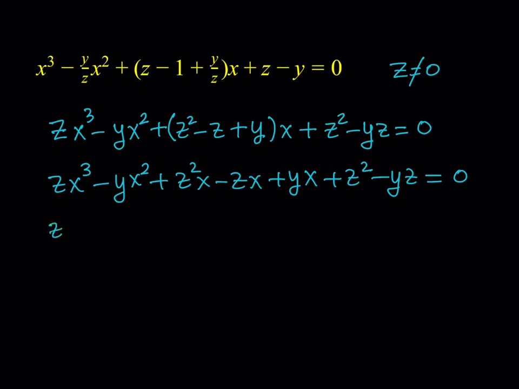So I'll put together the terms that have z squared in them. Okay, so this one and this one. And then I'll bring the terms that have z in them together. So we'll get zx cubed here. We'll get negative zx here. Sorry, my z kind of looks like a 2, but there's a little line through it, so hopefully that'll be more clear.